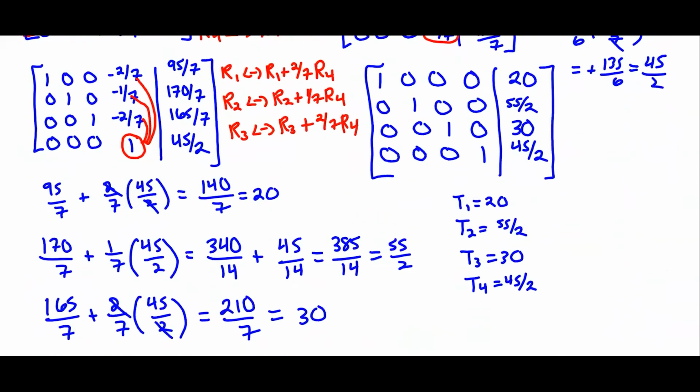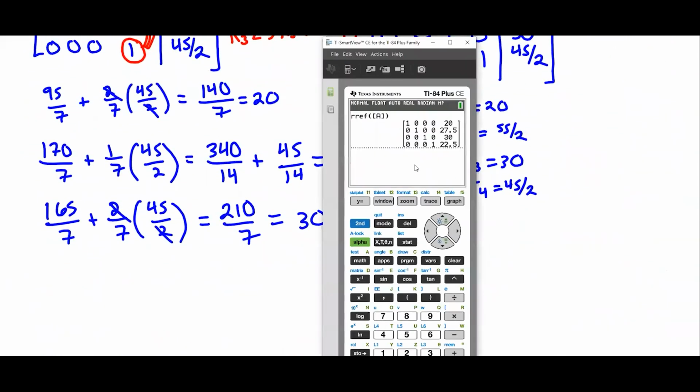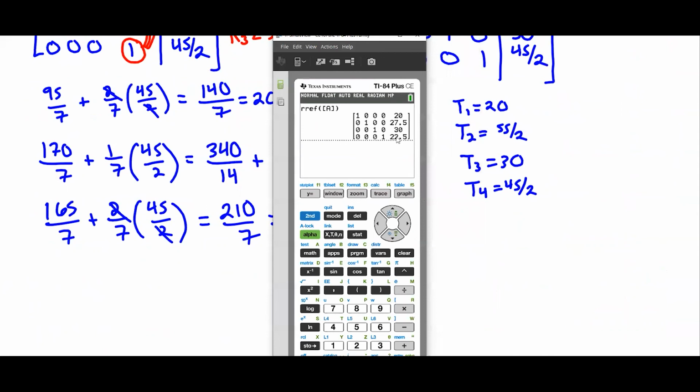Let's check that with our answer. And I can turn these into fractions. Let me do that. So I get 20, 55 over 2, 30, and 45 over 2. So like I said in the beginning, I think this is intended to be a calculator problem, but you can do it by hand.